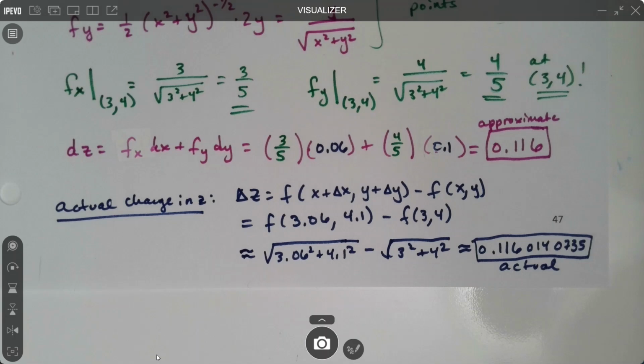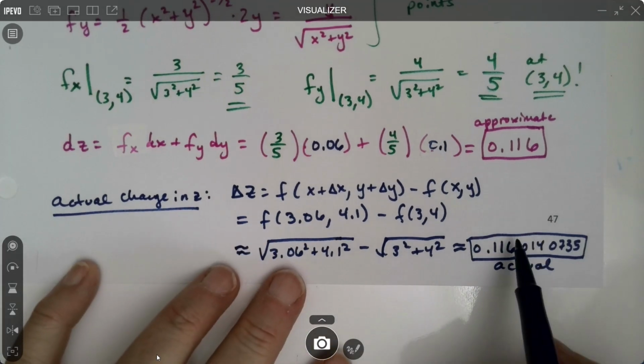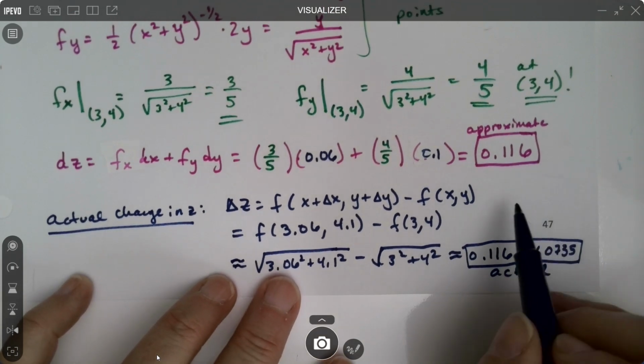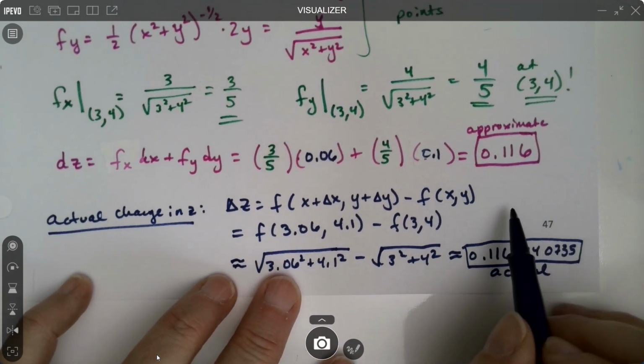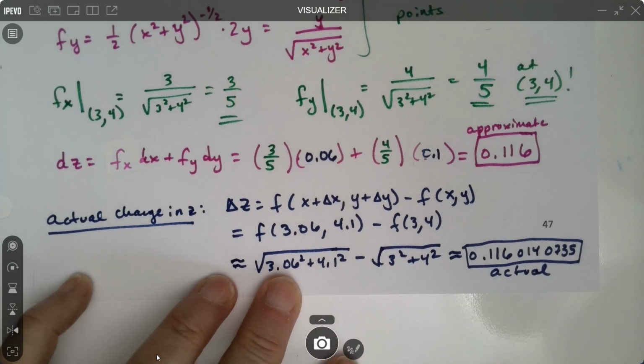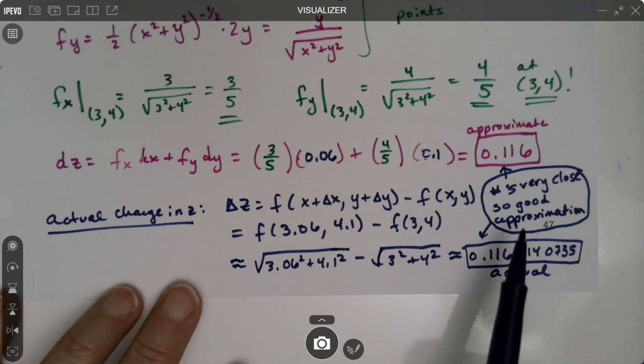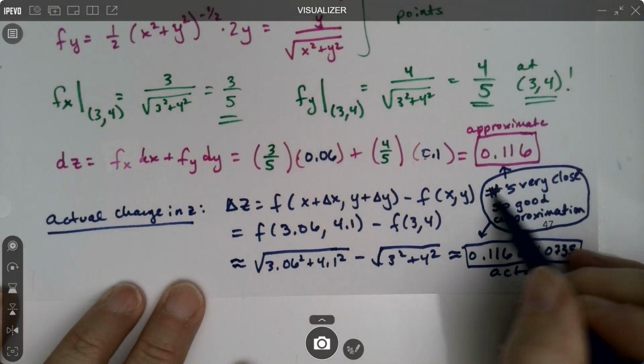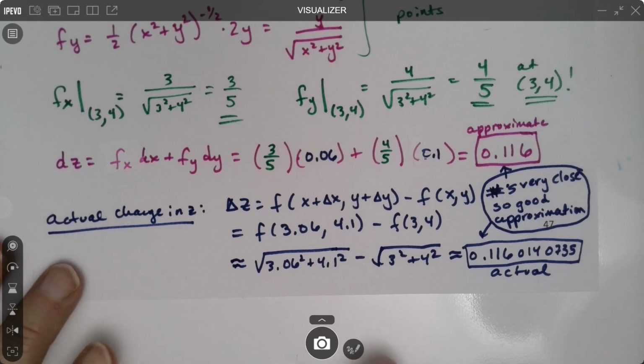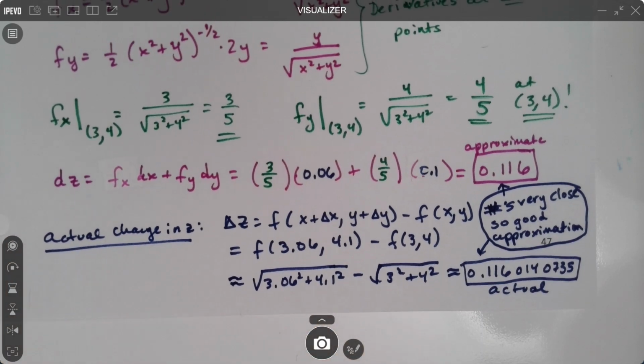So the numbers are very similar, and so our approximation is very good, right? And this change is the same change we saw in the previous example. There, and I just wrote that up, right? The numbers were very close, so our approximation is good. And if you want to make a note to yourself, this is the same thing we were doing with the previous example with linear approximation. Well, it's not the same, but they're closely related.